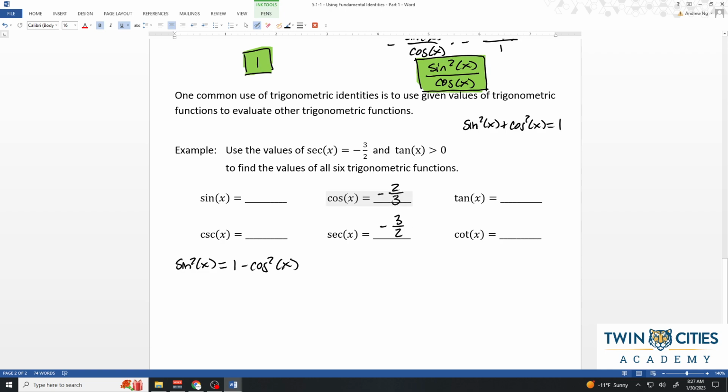Well, I know that cosine is negative 2/3. So this is the same as saying 1 minus negative 2/3 squared. Okay, so this is 1 minus negative 2 squared, which is going to be 4 over 9.